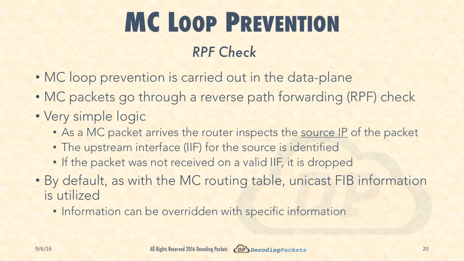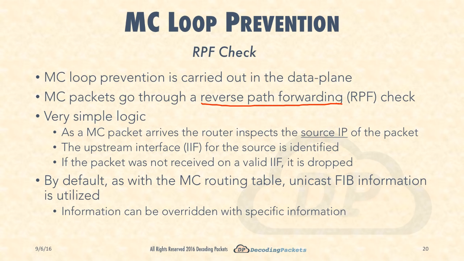So the multicast loop prevention really is carried out in the data plane. What the router does is it inspects every single multicast packet that arrives at the router, and it makes sure that it goes through the reverse path forwarding check. The RPF check is performed on every single router.